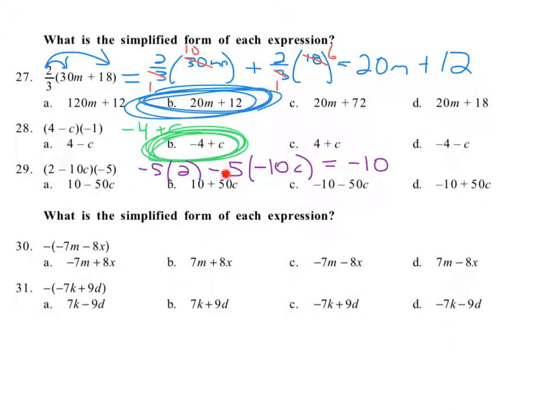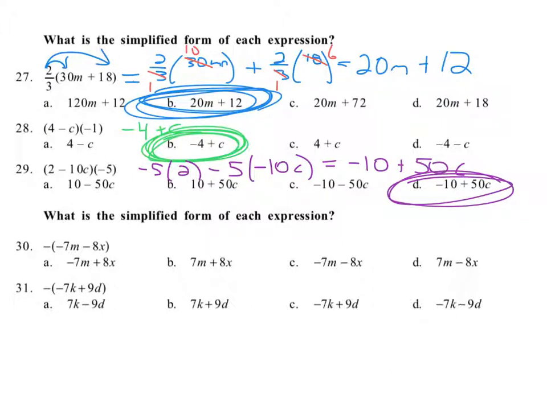What is -5 times -10c? Well, -5 times -10, negative times negative is positive. 5 times 10 is 50, so 50c. Obviously positive, or plus 50c. So -10 plus 50c, that's d over here.